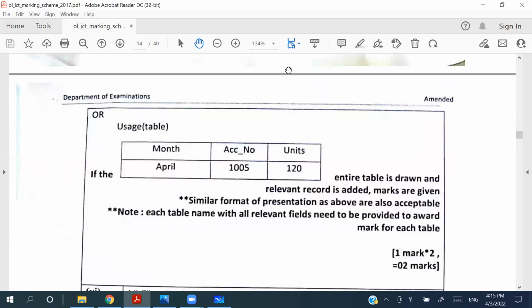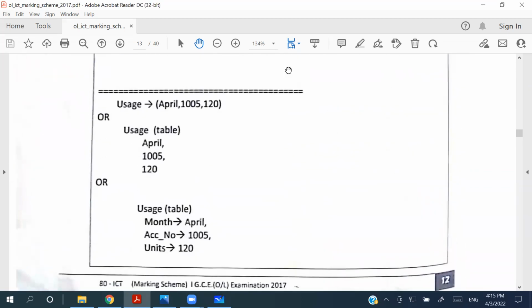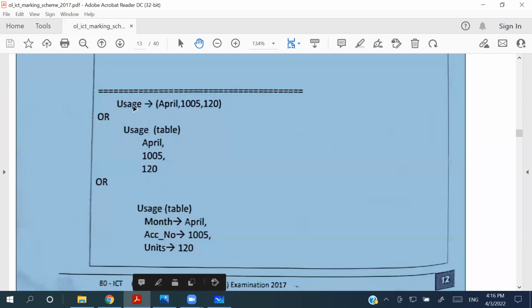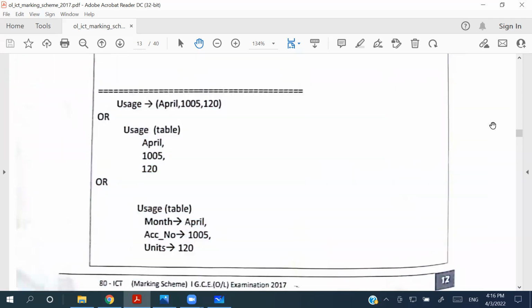Minul, yeah, like what is the difference way that you have written, Minul? The most common way is this. Even they have given marks for these things as well.